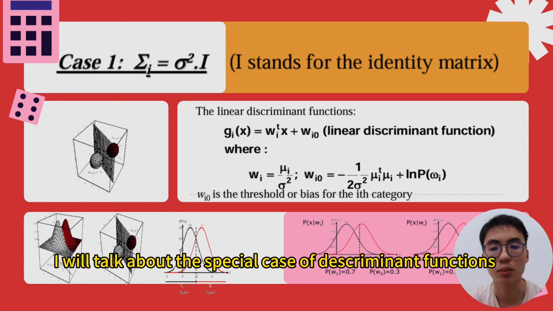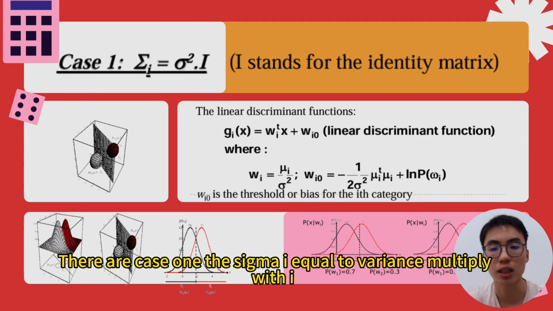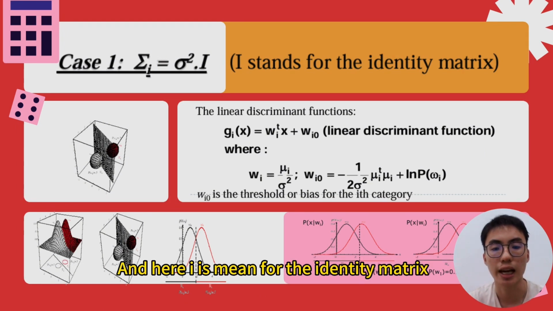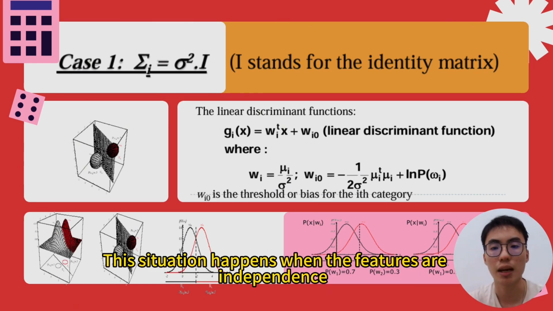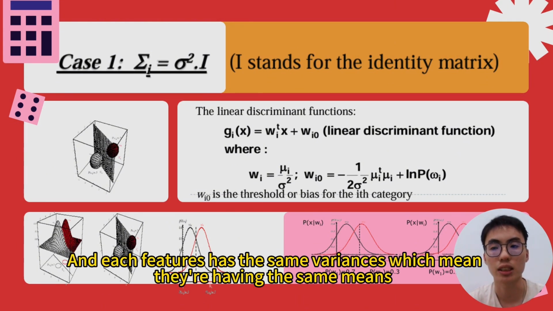I will talk about the special cases of discriminant functions. There is case 1, sigma i equals variance multiplied by I, where I stands for the identity matrix. This situation happens when the features are independent and each feature has the same variance.